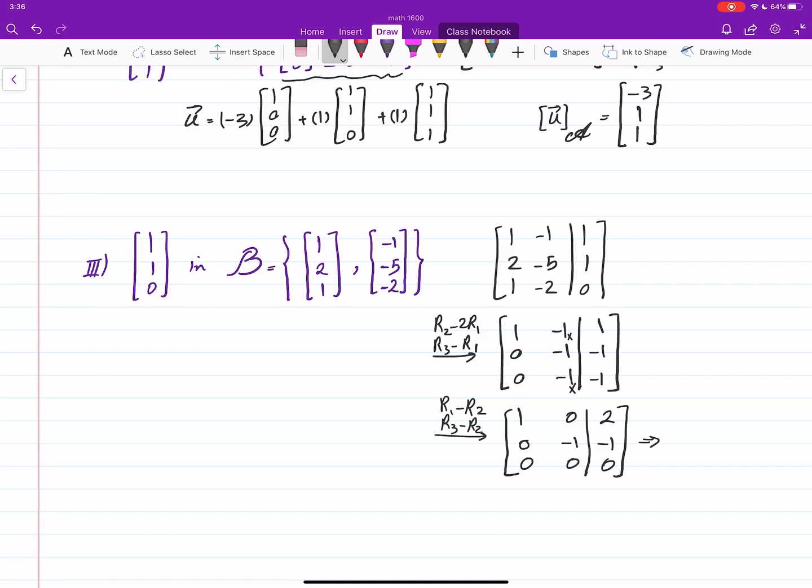And solve this. This means that C2 is 1. Negative C2 is negative 1 means that C2 is 1. And C1 is 2.